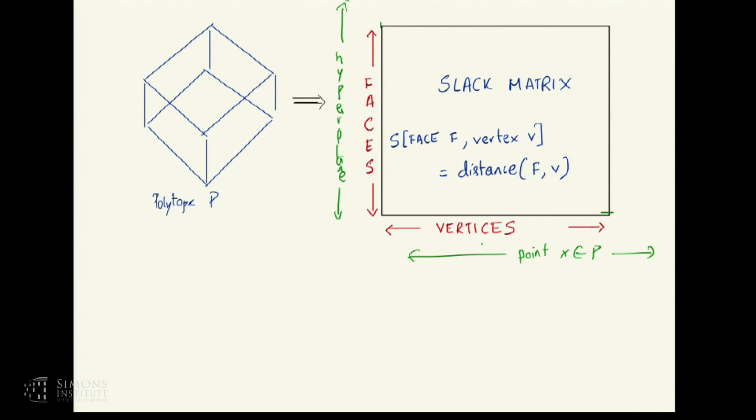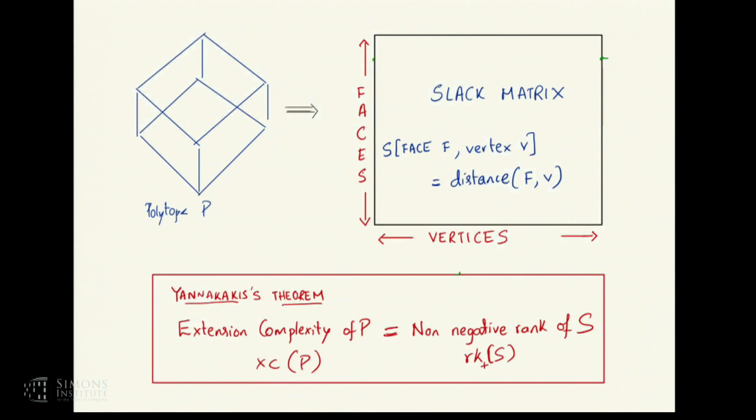Now, if you look at the slack matrix, what are the vertices? These are nothing but integer solutions to the problem. These are the integer solutions for the problem that we are studying. So in this case, if it's a max cut problem, it's one column for every integer solution.